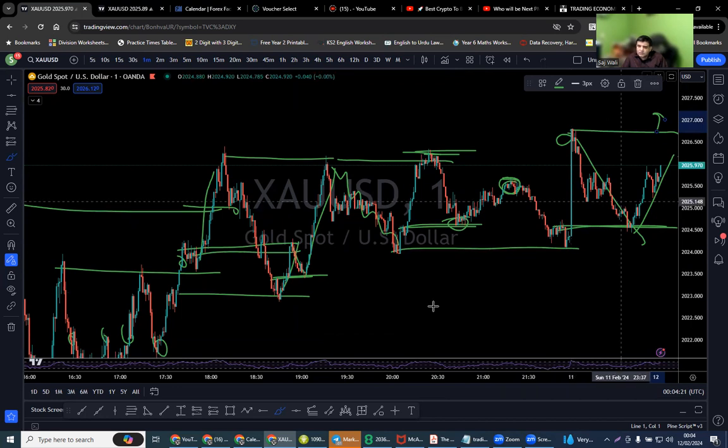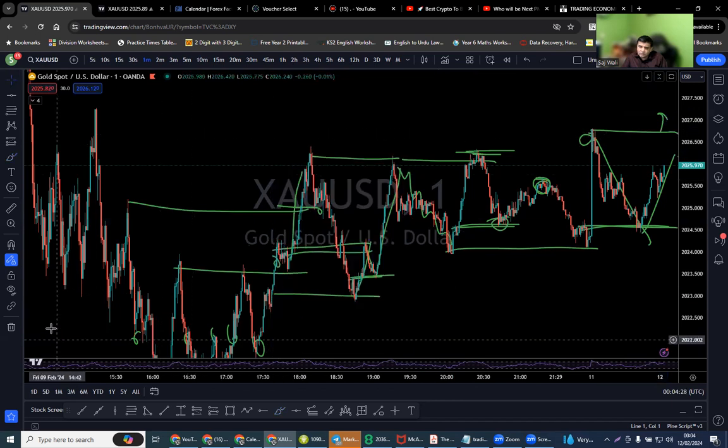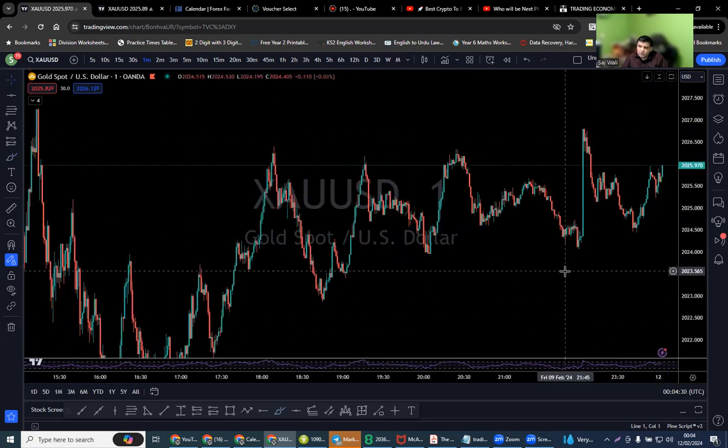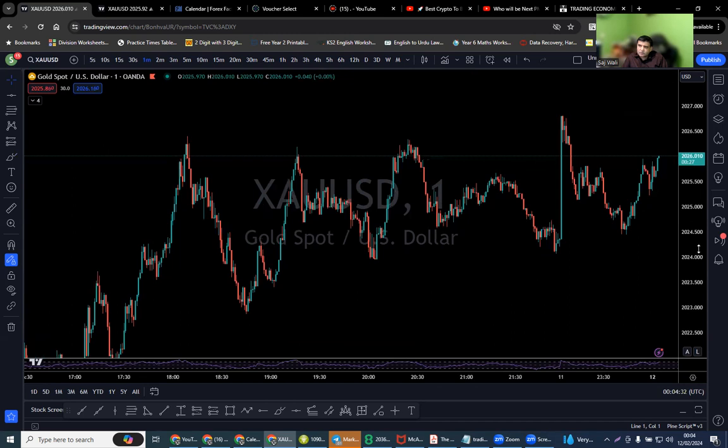So I hope this is helpful. All you have to do, when you trade, is make sure you book some profit according to your risk management strategy and probability. You have to work out what your probability will be for that particular trade.